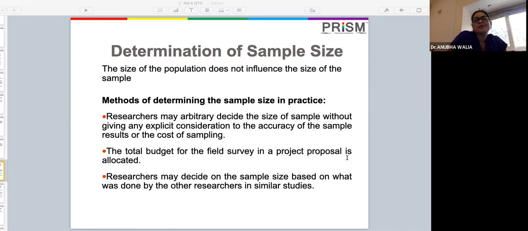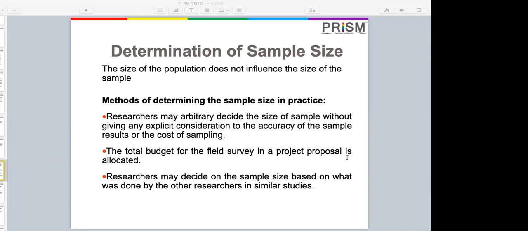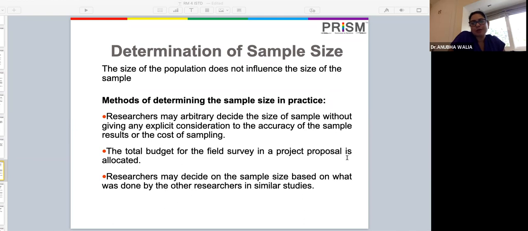If the sample size, which is small n, is too small, it may not serve to achieve the objective of your research. And if it is too large, it may incur huge loss and wastage of resources. So the general rule is that the sample must be of optimum size.